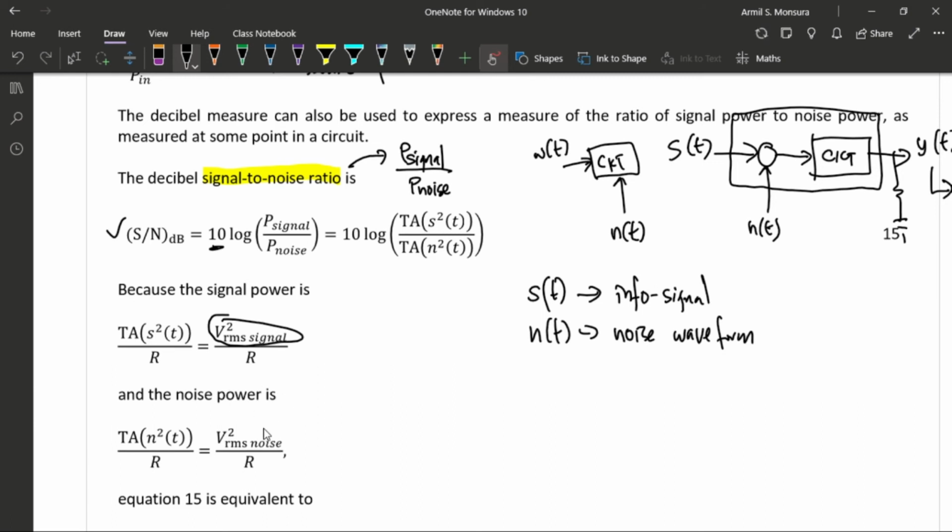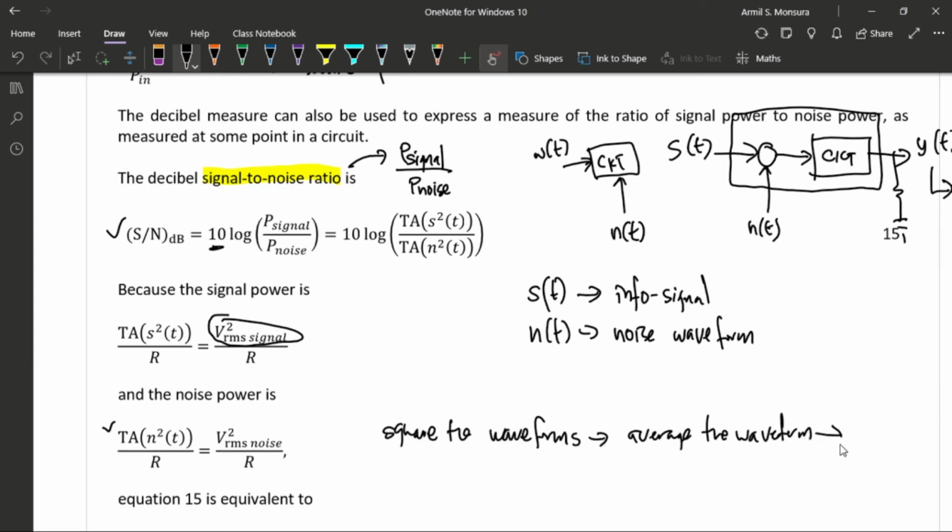So yung noise power naman would have noise voltage or RMS voltage, using the same operation. Again, square the waveform, and then average the waveform.